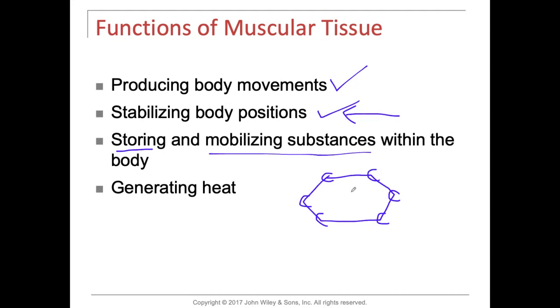Now, glucose, when it's stored, we call it glycogen. Anything that ends in ogen means it's inactive and it has to be activated. So glycogen is glucose that's stored, and we store it in muscles, and it can also be stored in the liver. Those are two places that glucose can be stored, muscles and liver.